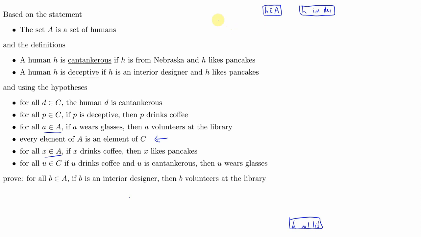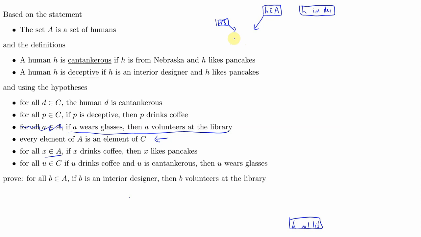So what I believe should occur, if I did not make a mistake, is based on the third hypothesis combined with this, we should get a statement that looks very much like this right here, just the underlined part, not including the for all, though we do need to replace the little a's with little h's.